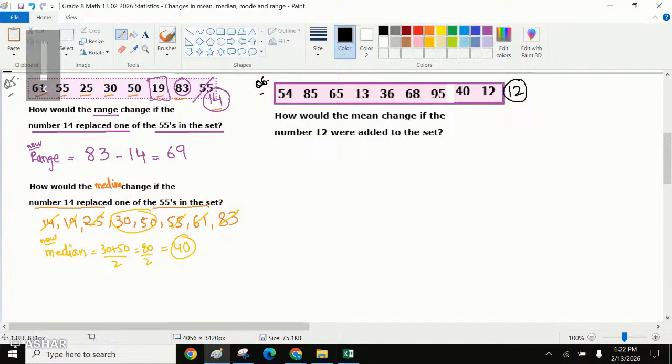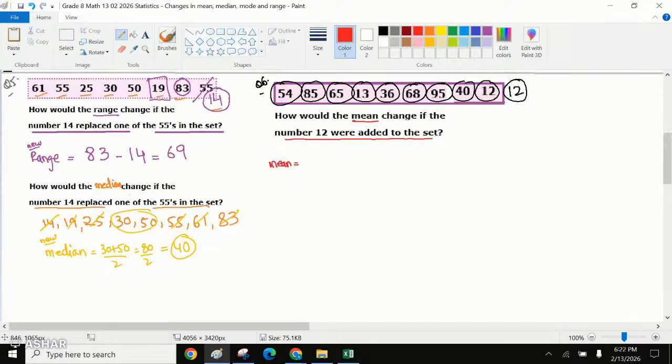So now how many numbers do we have? 1, 2, 3, 4, 5, 6, 7, 8, 9, and 10. And we need to find the change in the mean. So we can say that we add the numbers together.